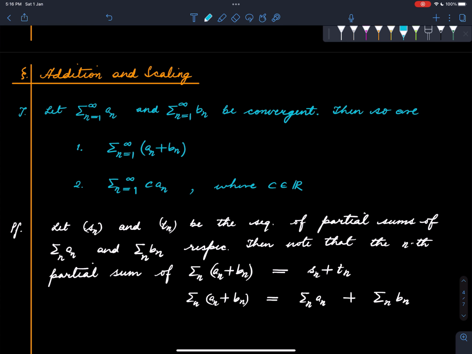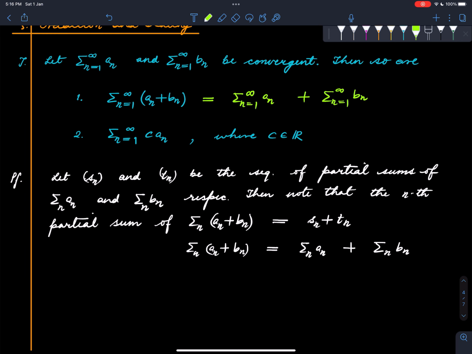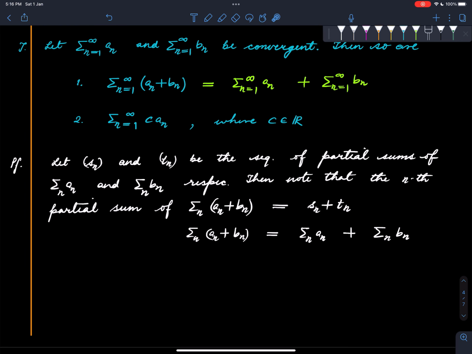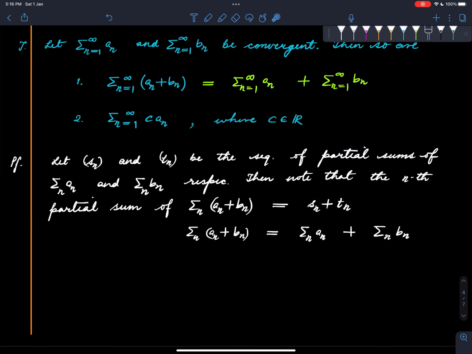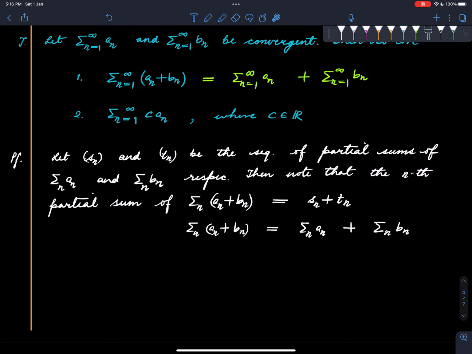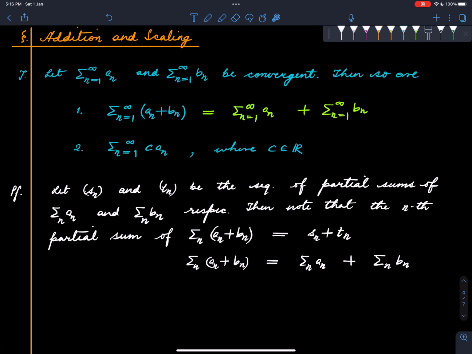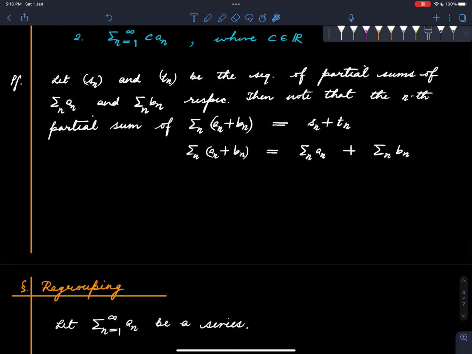So in fact the theorem can be upgraded to mention that this is equal to, provided we understand what it means. Okay, and I'll leave the second one as an exercise. It's much simpler, there is nothing complicated here. Alright, so just a not at all surprising fact.